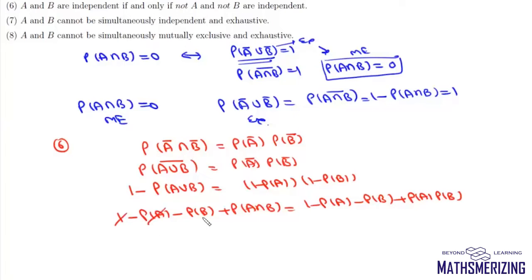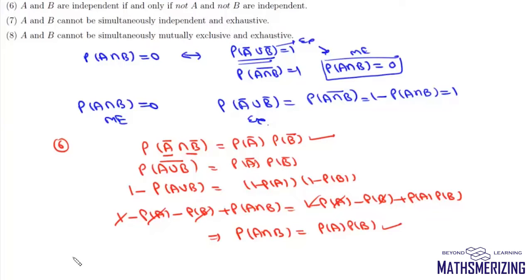Now this 1, PA, PB will cancel. So from here, the only condition that we get is probability of A intersection B is probability of A into probability of B. So if A naught and B naught are independent, then it implies A and B are also independent. And we can prove vice versa also.